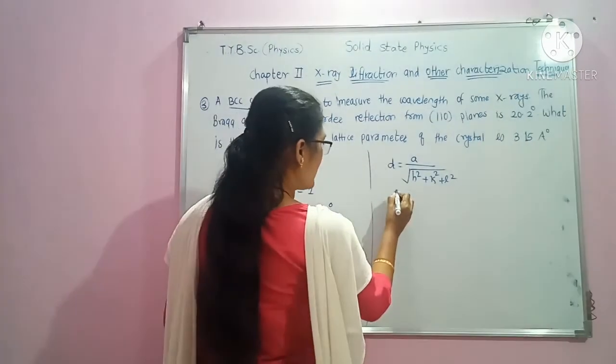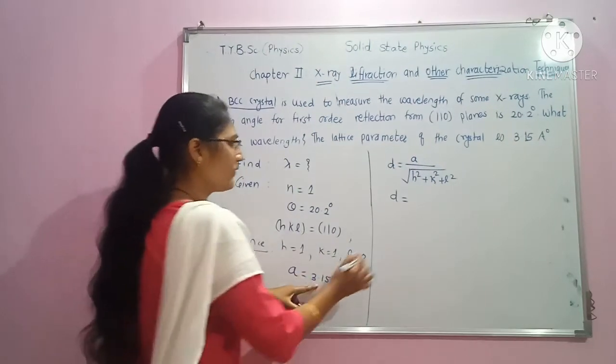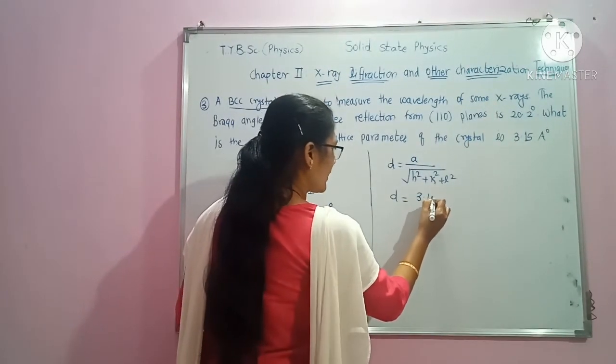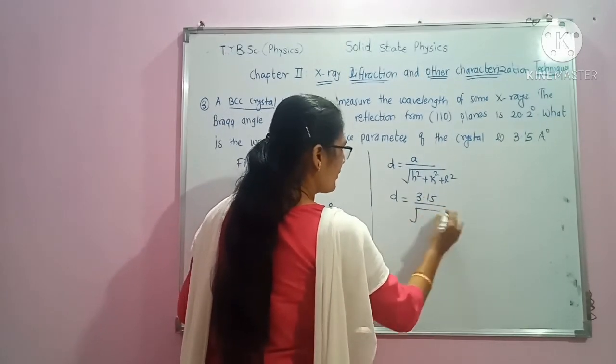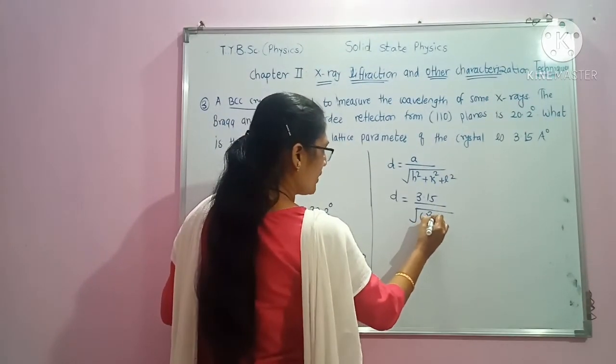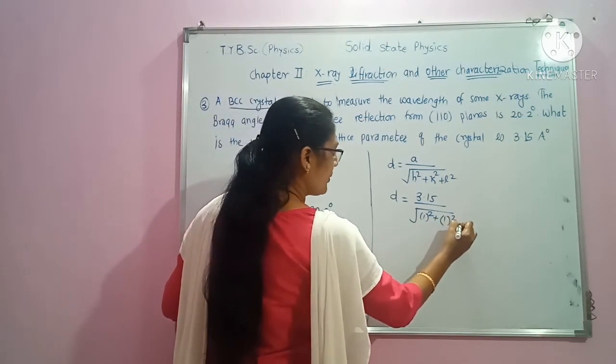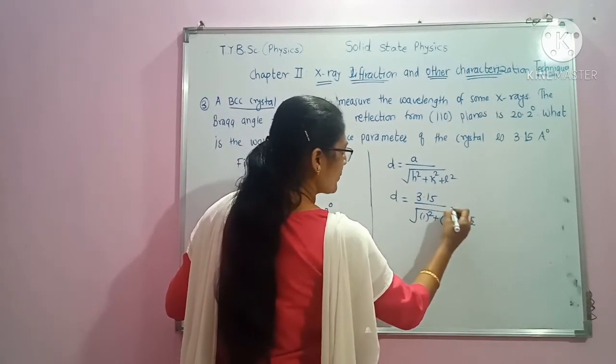So the value of d, that is the interplanar distance, is equal to a, which is given as 3.15, divided by square root of h square, that is 1 square, plus k square, also 1 square, plus l square, which is 0 square.